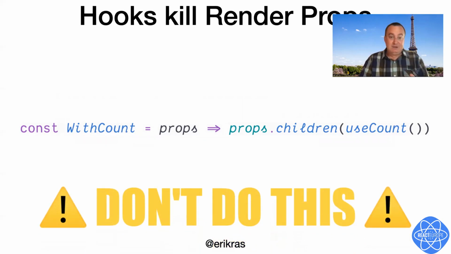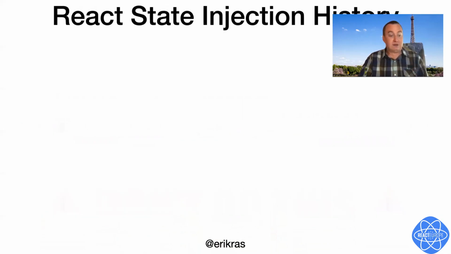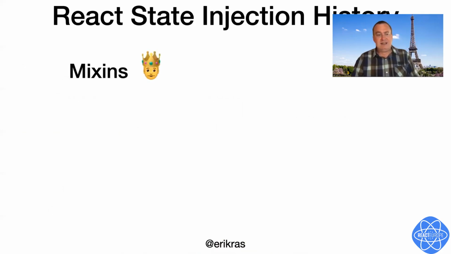So let's recap the history of React state injection. First, we had Mixins, and they were the primary way of doing things for a long time. But then Mixins sort of died of natural causes.